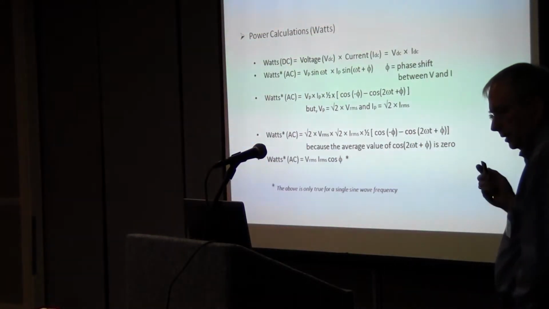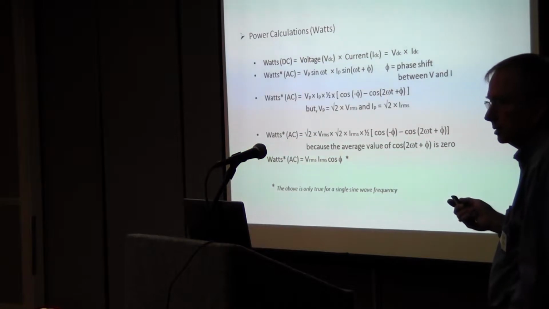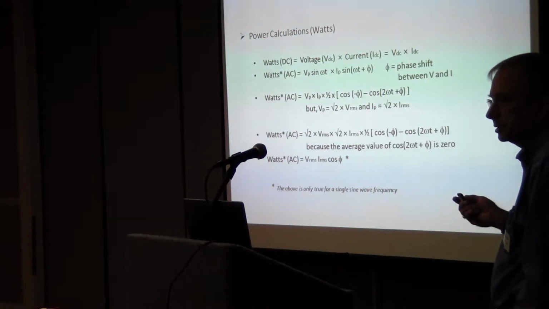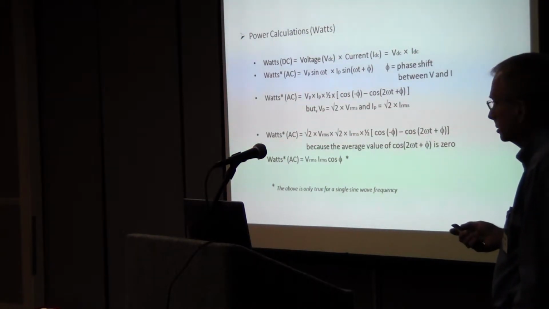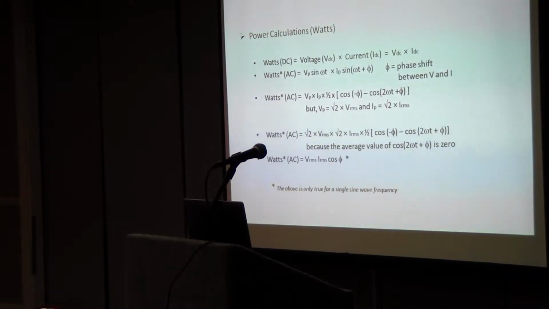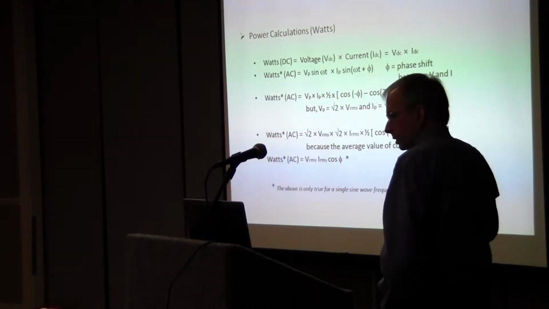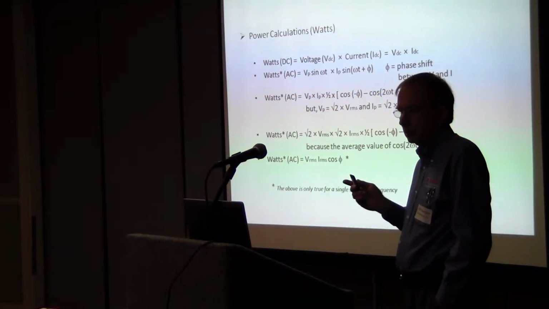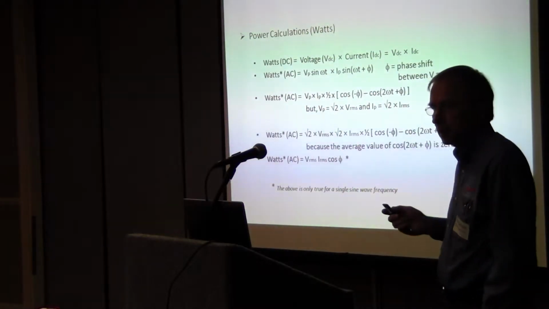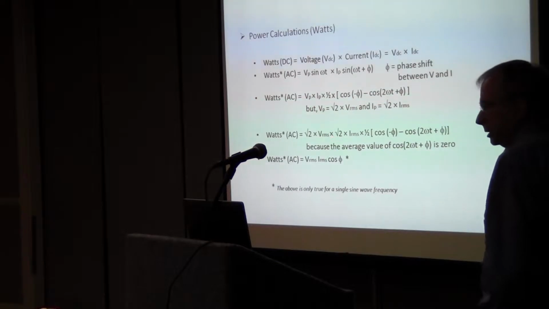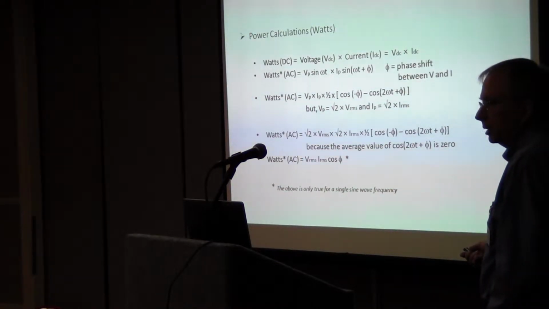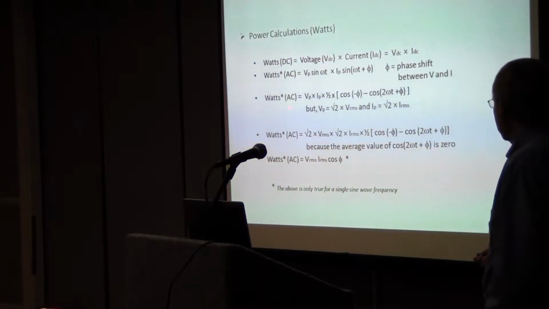So at 60 hertz, the sum is 120 hertz and the difference is 0 hertz. The average value of 120 hertz is 0, so it has no power associated with it. But the difference frequency is 0 hertz, and that's basically DC, and that's where the power is realized.